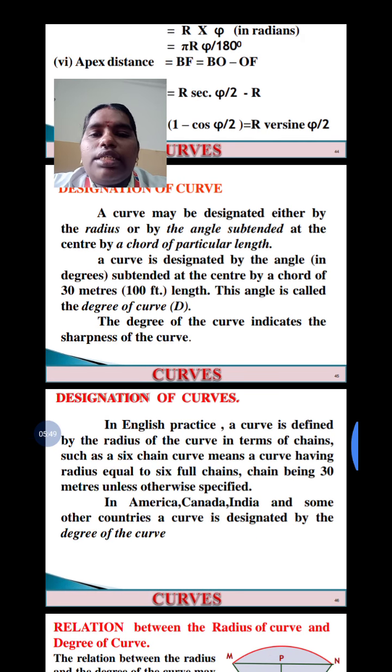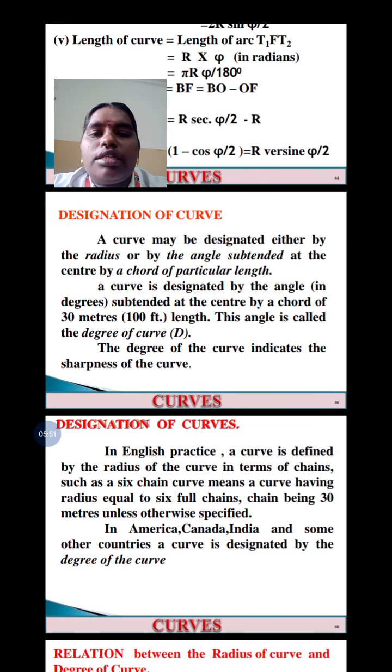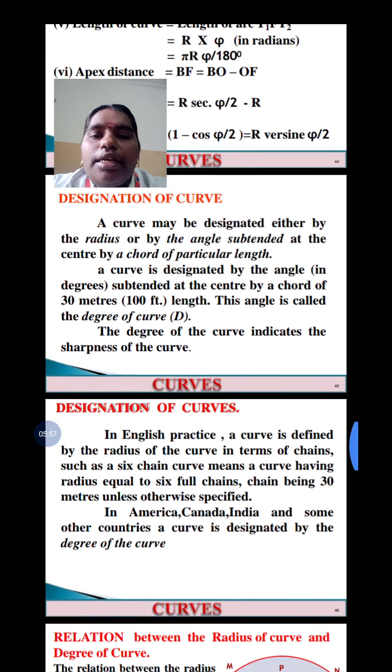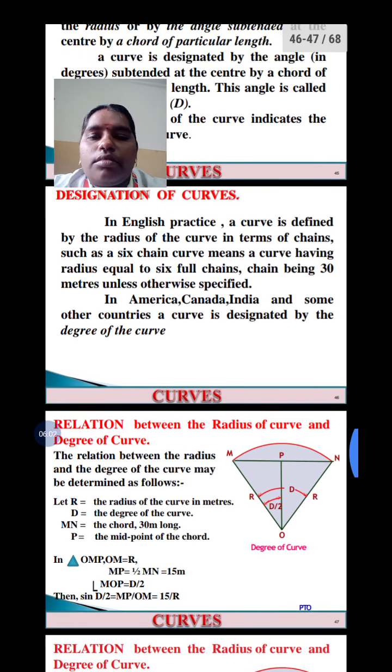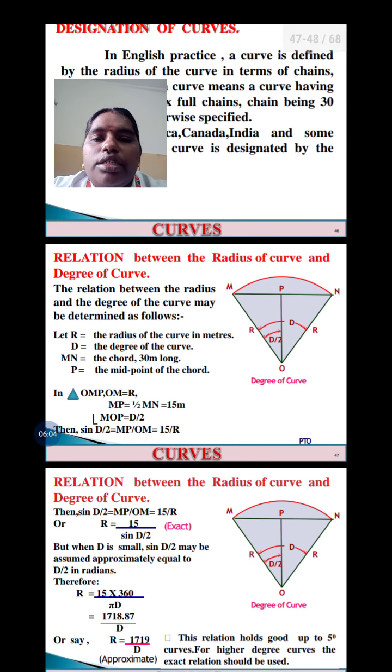Next one, designation of curve. Designation of a curve means a curve may be designated by the radius or by the angle subtended at the center by a chord of particular length. Next one, the relationship between the radius of the curve and the degree of the curve.